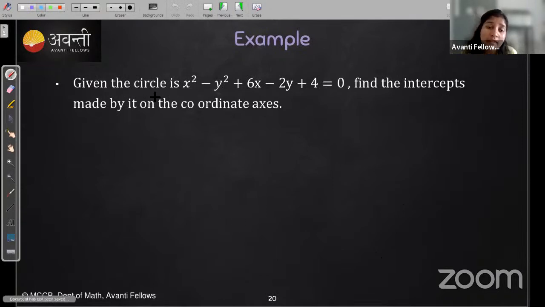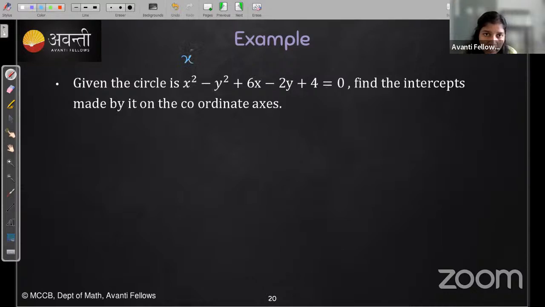Given the circle x squared plus y squared plus 6x minus 2y plus 4 equal to 0, find the intercept made by it on the coordinate axes. We have a standard equation of circle with us, and using that we have to find the intercepts.